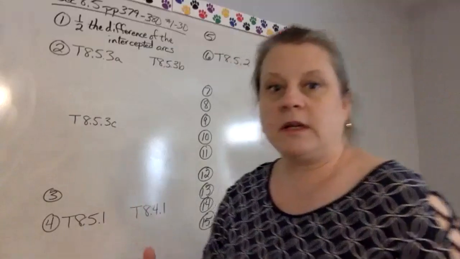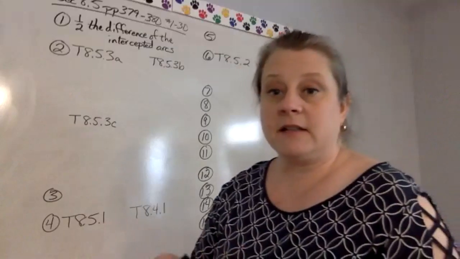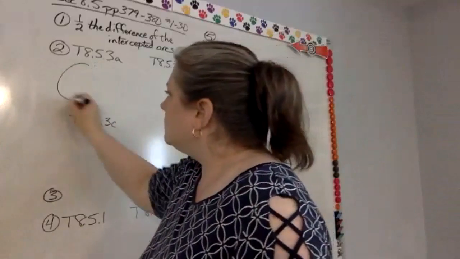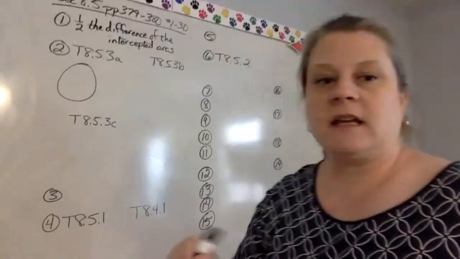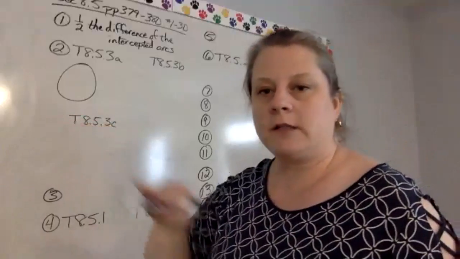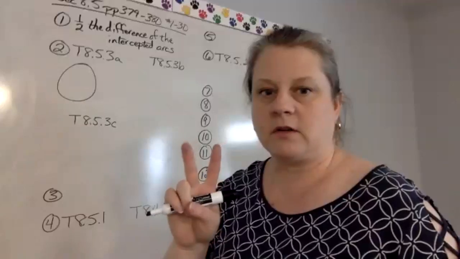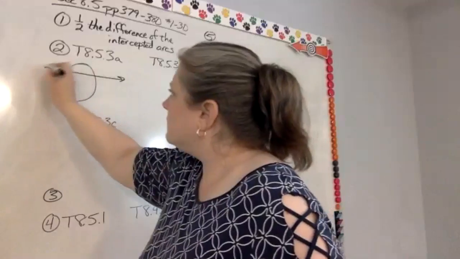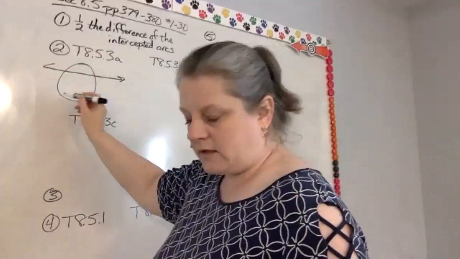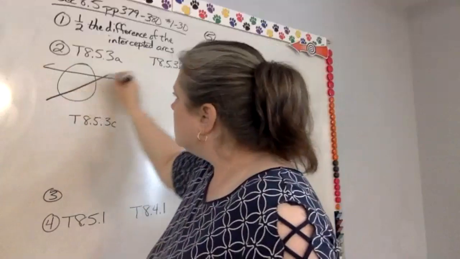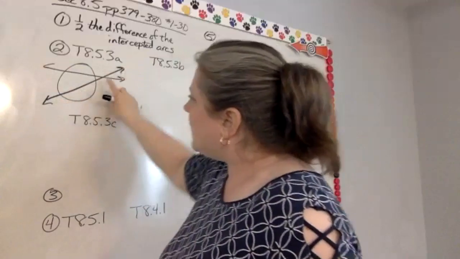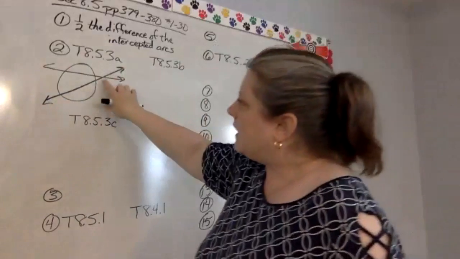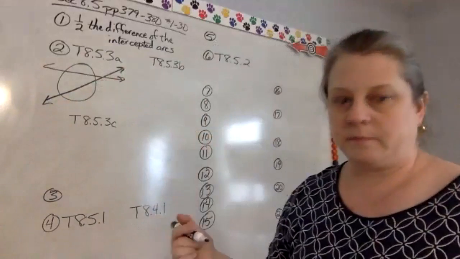Now the first one dealt with the secants. Remember a secant? You have your circle, and secants are lines that go across the circle, and they intersect the circle at 2 points. So I have a secant that goes across this way, and I can have another secant that goes up that way. But they intersect on the outside of the circle, so that would be a case of the first theorem.